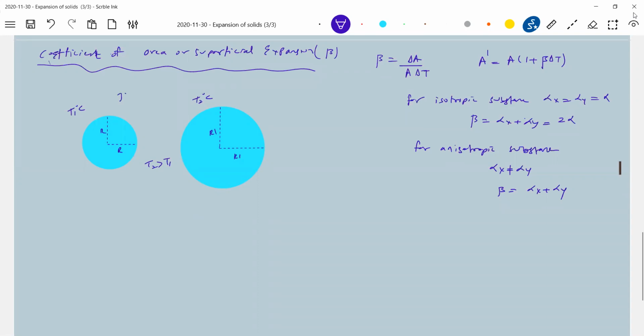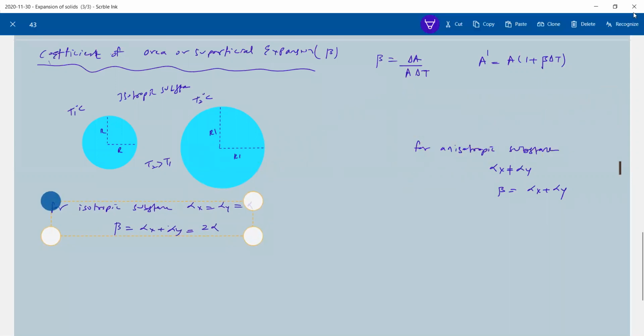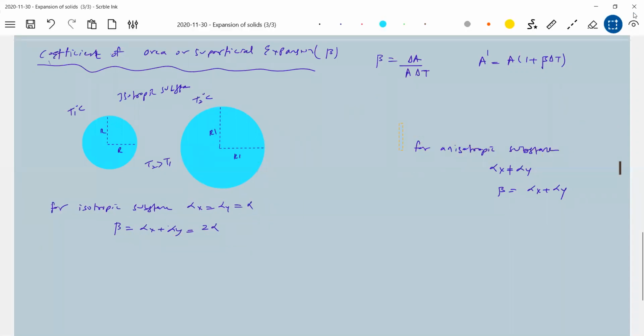It is an isotropic substance. For anisotropic, any conditions can be put.